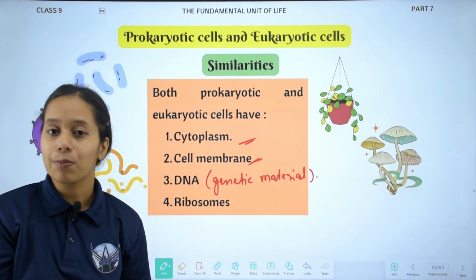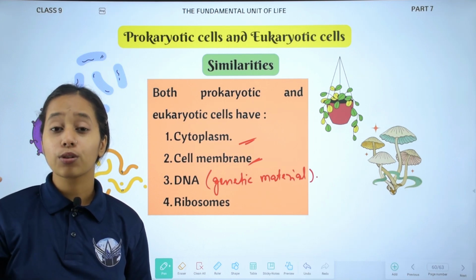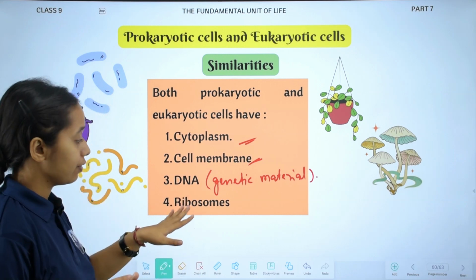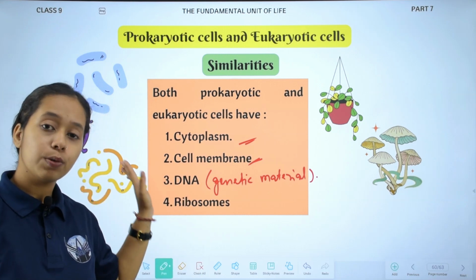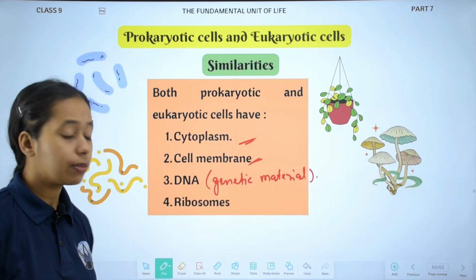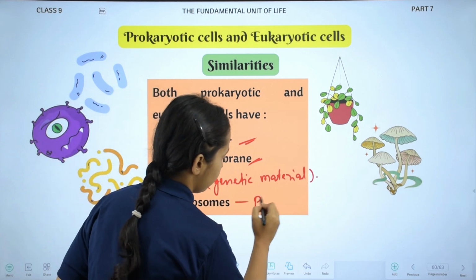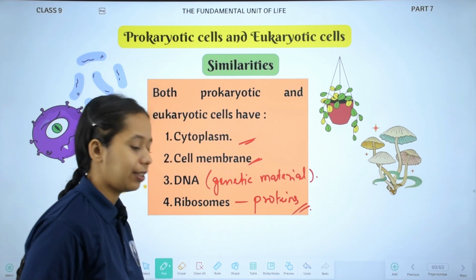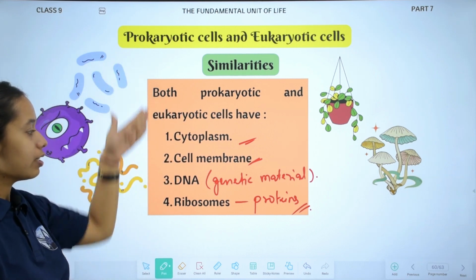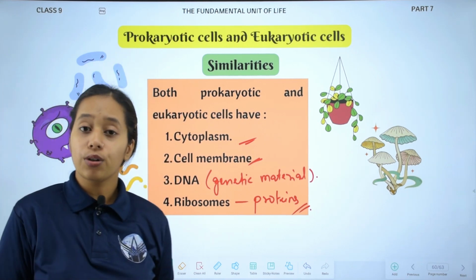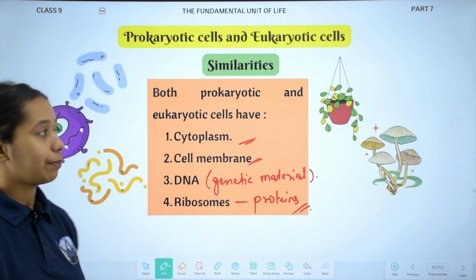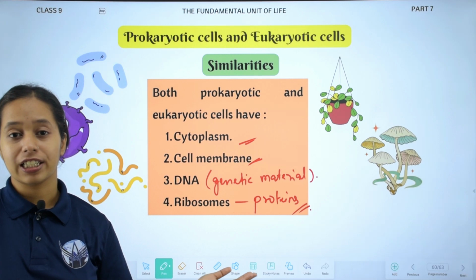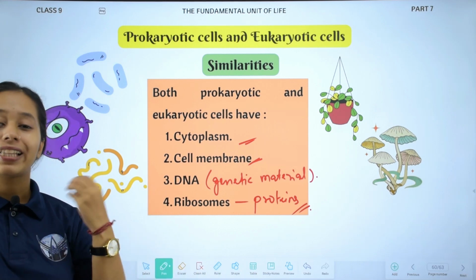And once you hear ribosomes, protein should automatically come to your mind, since they have their own ribosomes. Since both have ribosomes, they are also able to make their own proteins. Are you clear with that? So these are the 4 similarities, although we can find more, but for class 9, let us keep it to 4 similarities. This is all about prokaryotic and eukaryotic cells, and questions are put up directly.